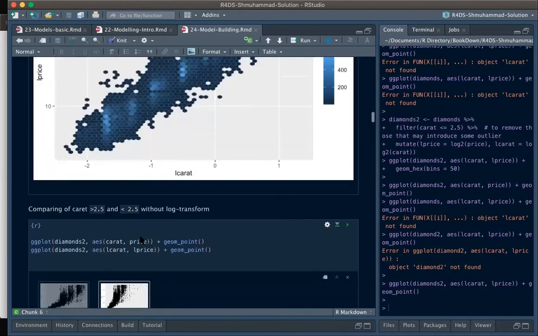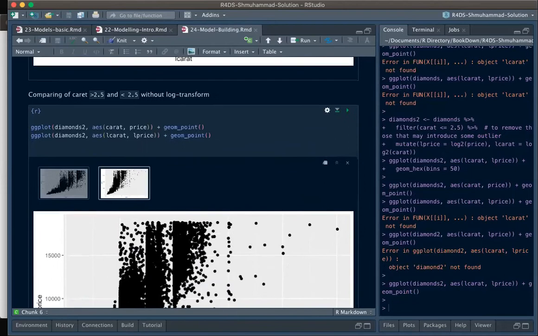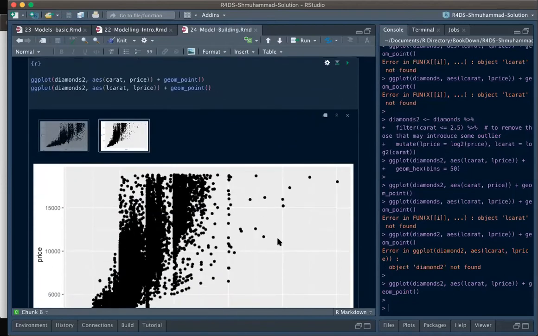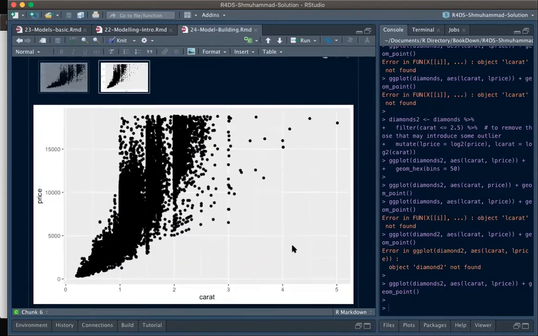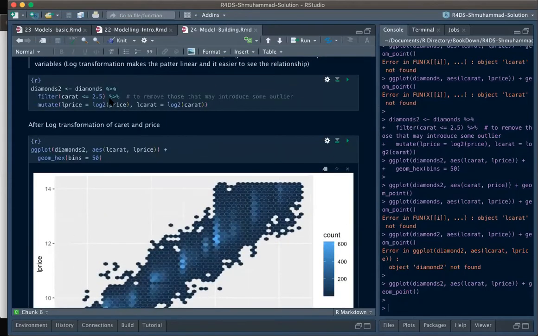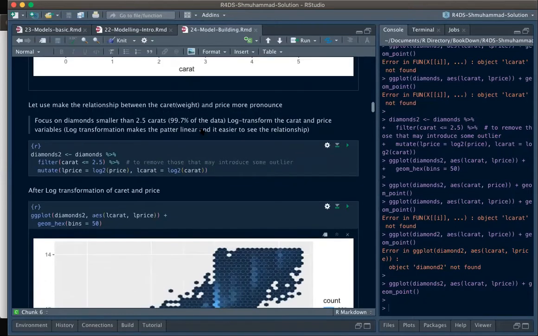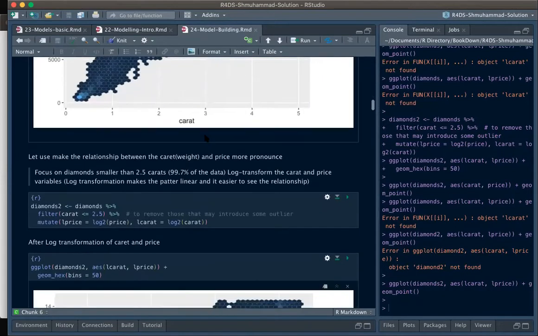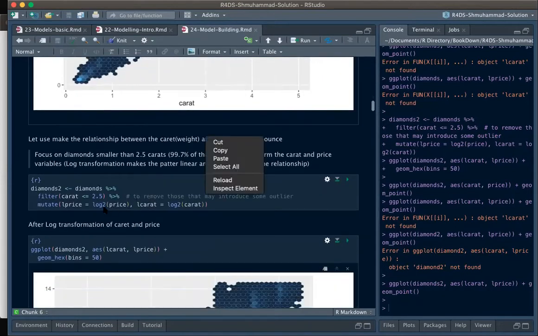Yeah. So here, if you look at it, I didn't remove those points, and you can see it's still there. So the important point here is that we remove those data that are greater from here, and we also log transform this variable. So these are the important points we want to mention here: we want to transform the data from the original shape.